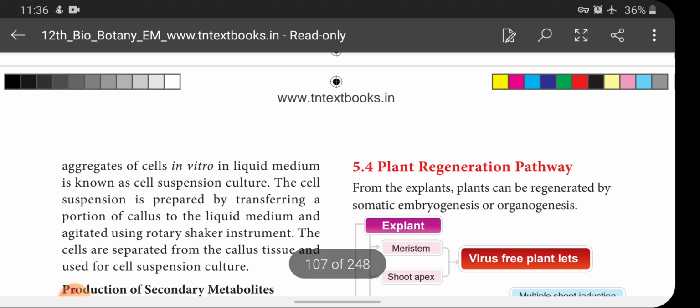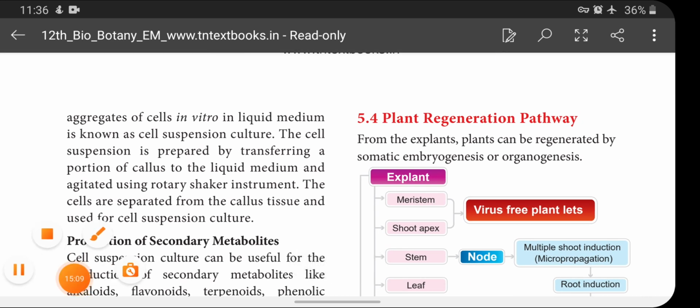The cell suspension is prepared by transferring a portion of callus to the liquid medium and agitated using a rotatory shaker instrument, and the cells are separated from the callus tissue and used for cell suspension culture. How to do the cell suspension culture? There is a method. After adding the callus into the liquid medium, they do agitation using the rotatory shaker.